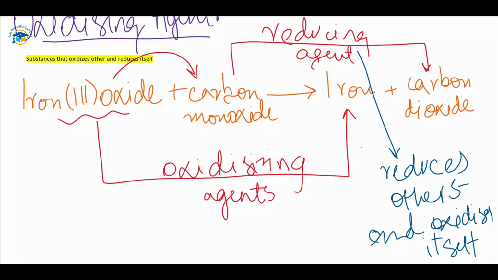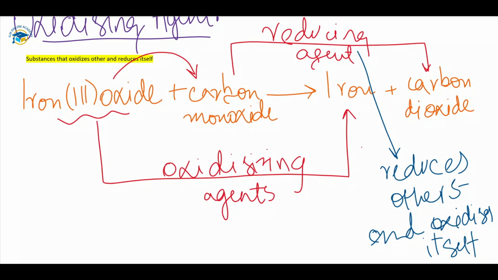Oxidizing agents help others to get oxidized, like carbon monoxide here, where oxygen is added into the carbon monoxide. These are the substances that help others to get oxidized, and they reduce themselves. Reducing agents are those substances that reduce others and oxidize themselves.